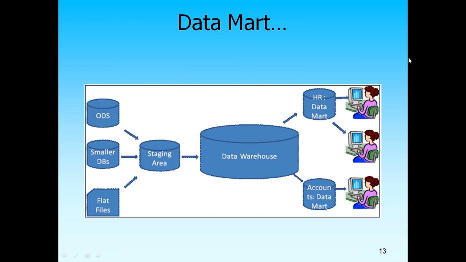We need to have a proper join of the HR data and account data, and they are able to generate the reports in the worst case. But here the account data mart supports some guys' queries, and the HR data mart supports some guys' queries. Okay.